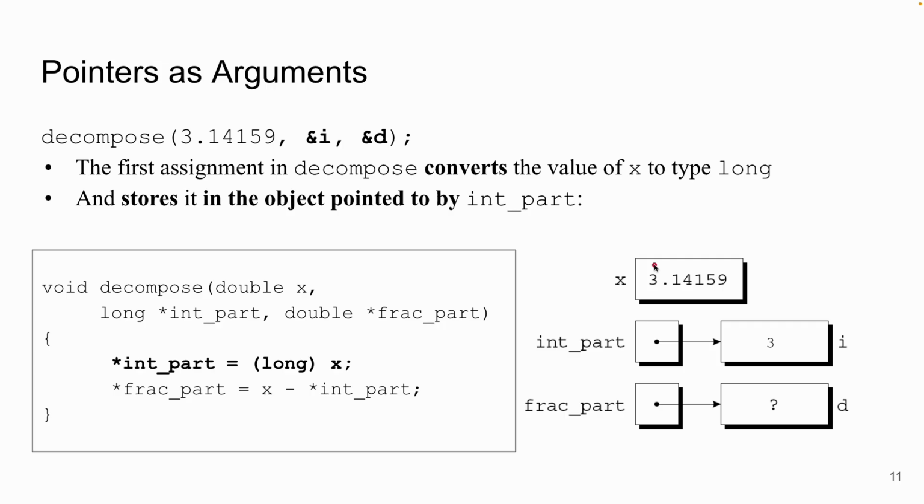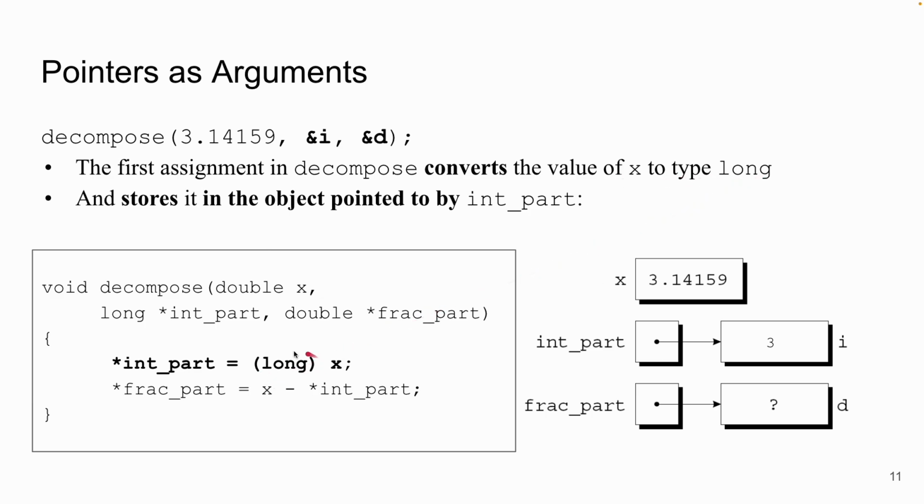So let's check out what happens if we run the first line. There are only two statements in this decompose function. So after we evaluate the first statement, what happens is that in this statement, we want to assign the value to *int_part. So the first assignment wants to convert the value of x into the type long.